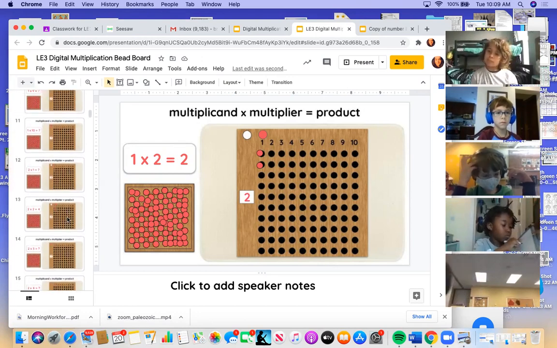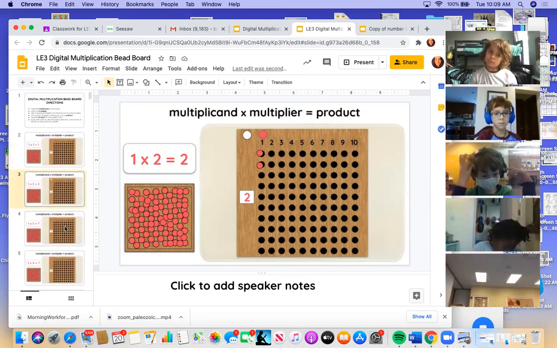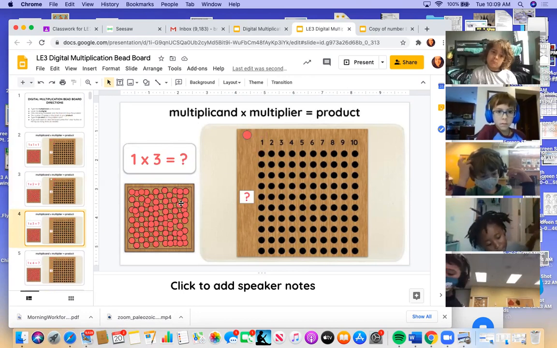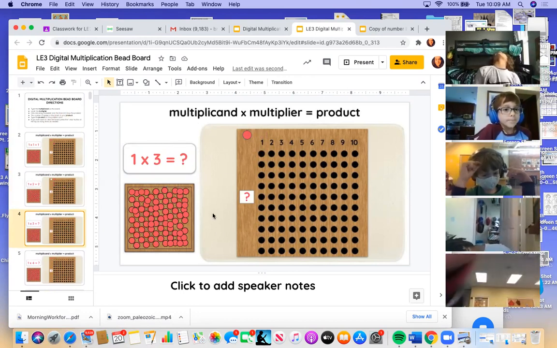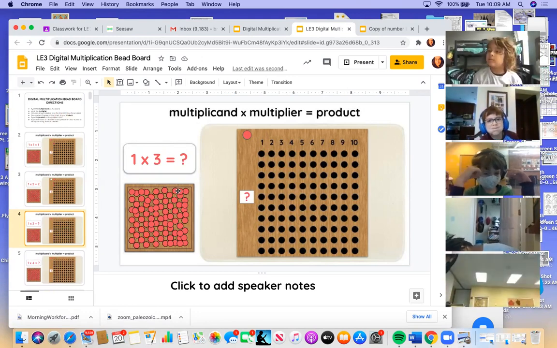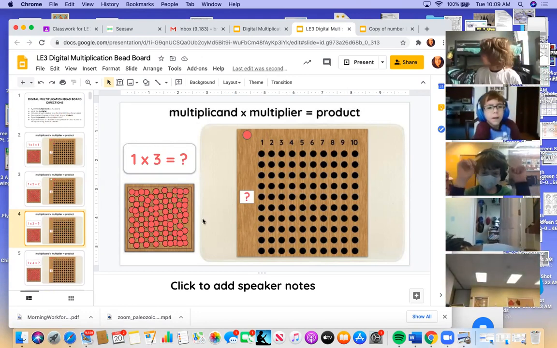Let's skip ahead. This is actually showing us an identity property of multiplication. Anything we multiply by 1 is going to be that number.